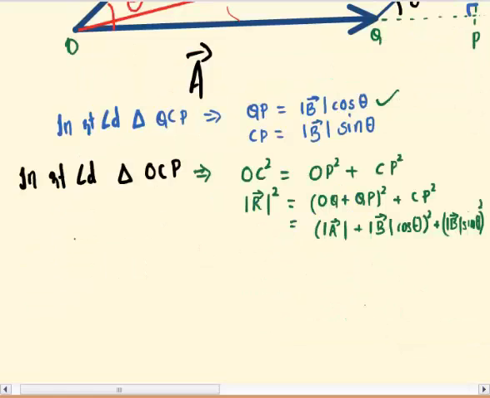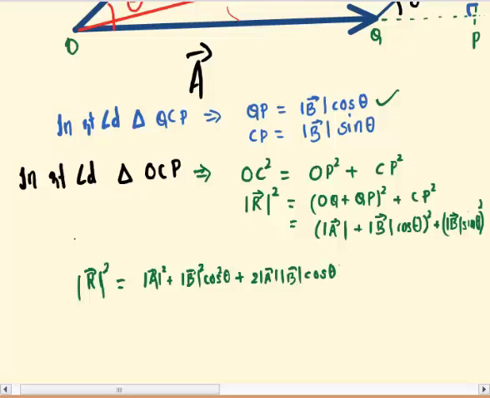If you go on manipulating this, it can be written as modulus of R or modulus of A plus B square is equal to modulus of A square plus modulus of B cos theta square of that, so modulus of B square cos square theta, plus 2 into modulus of A modulus of B and then cos theta.